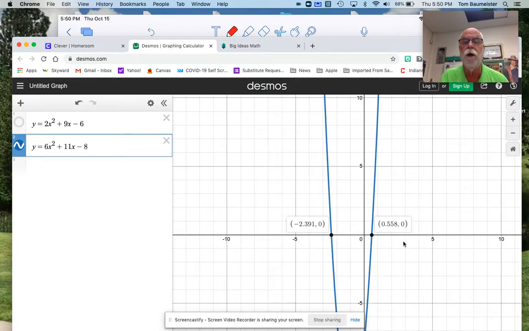To the nearest hundredth, x is equal to negative 2.39, and the other one is 0.558. The 8 makes that 5 go up 1, so you should have 0.56. The graphing ones are pretty easy. You can always check the other ones by graphing.